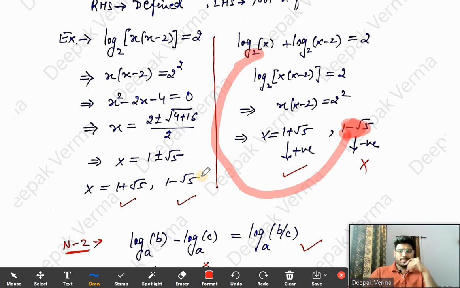If you are manipulating the question and applying the properties, finally you will get some answer. Then you have to check all the values that you have found by putting them in the original question.